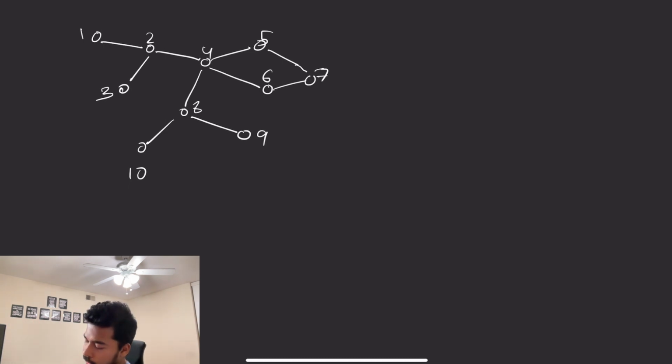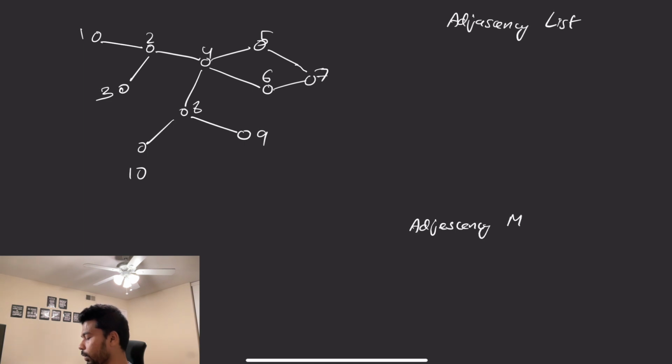One of the ways is called an adjacency list, and the other one is called an adjacency matrix, right? So these are fancy ways of basically representing this data structure in a way that the computer can understand.